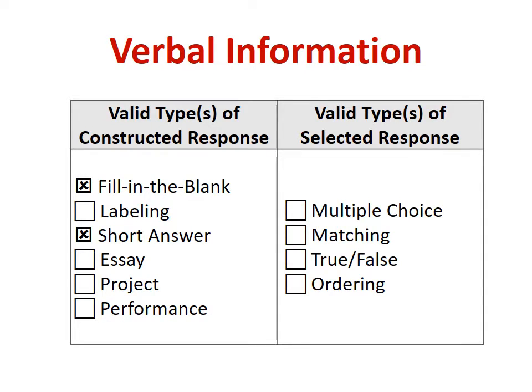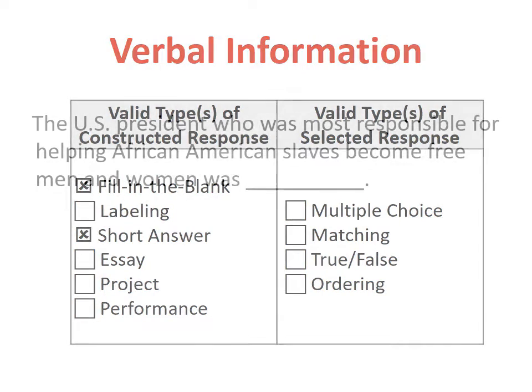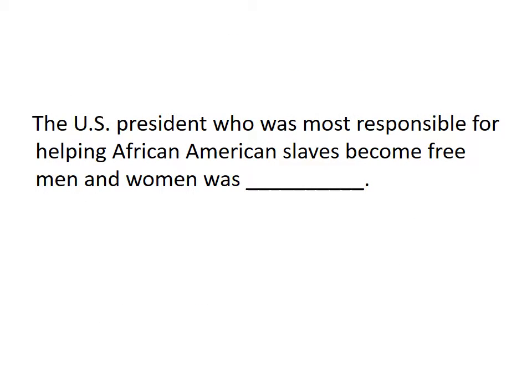No multiple choice, true, false, that kind of thing. That would not be appropriate for verbal information. So you wouldn't create a multiple choice if you wanted them to describe something. And so here's an example of a reasonable assessment item to measure that skill. So there you have it.